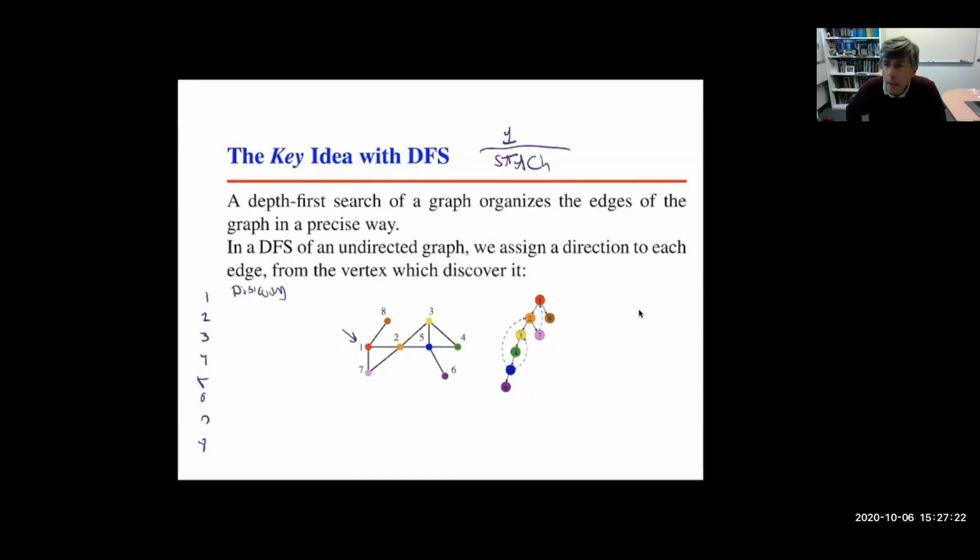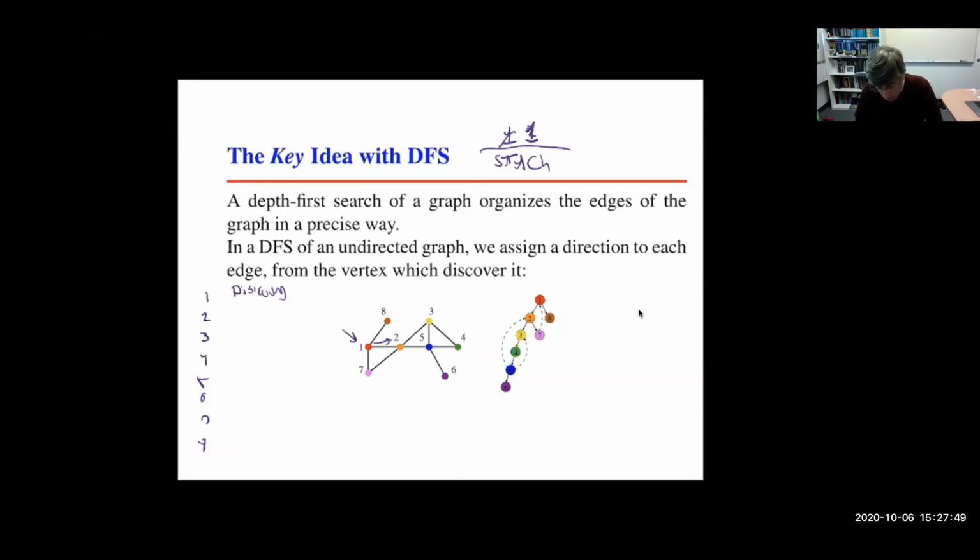Now, what am I going to do? Start a depth first search from vertex 1. What does that mean? I'm going to go through my outgoing edges, and the first edge I have is the edge to 2. 2 is a newly discovered vertex. I am now going to push 2 on my stack.